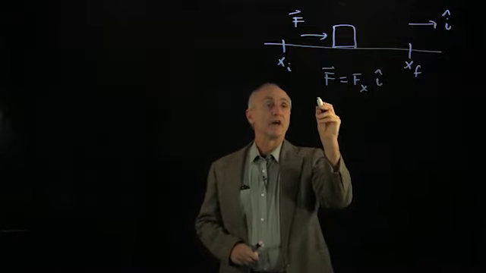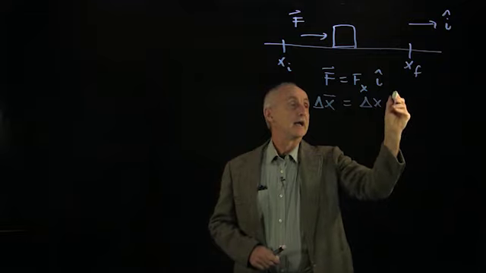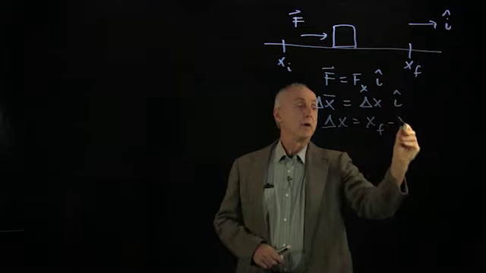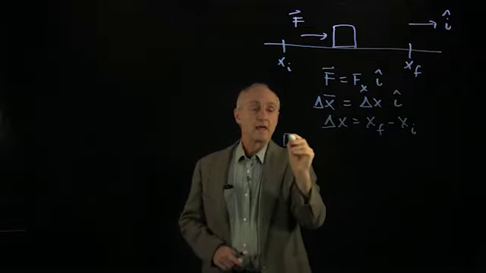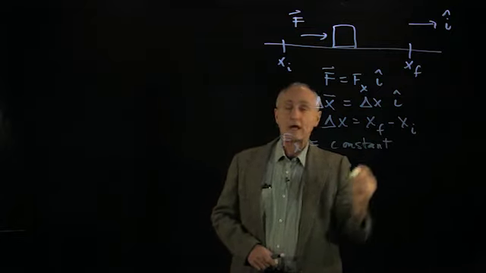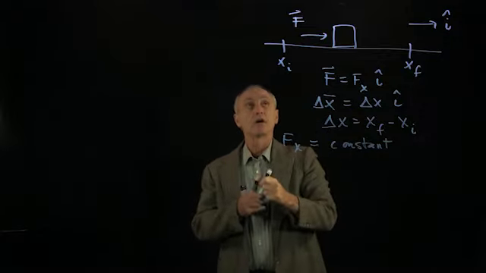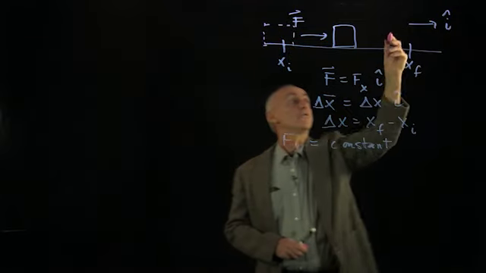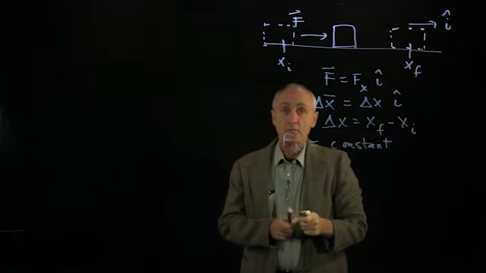So our displacement vector, delta x, is equal to delta x i hat, where delta x is equal to x final minus x initial. And for our constant force, for the case where F_x is a constant, we would like to define the work done by this force in displacing the object from our initial position, and we'll mark it like that, to the final position here, is given by the product.